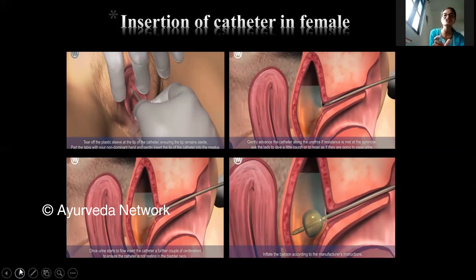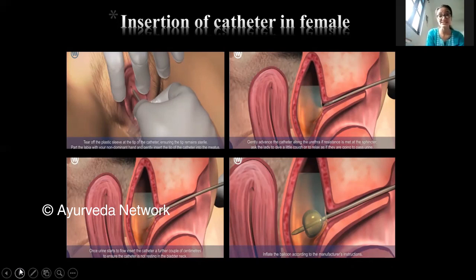You have to make sure that you are not lying in the urethra. When it is around 6 centimeters inside and urine is coming out, you'll be sure that it is inside the urinary bladder. Then you are going to inflate the balloon using that syringe, and from the balloon port, you are going to inject 10 ml of normal saline or distilled water.